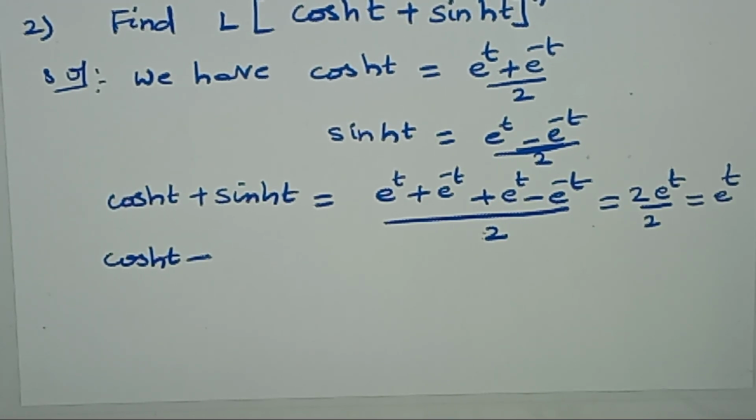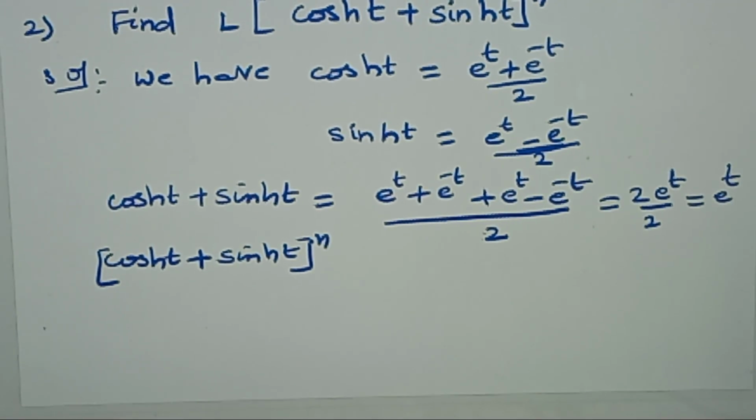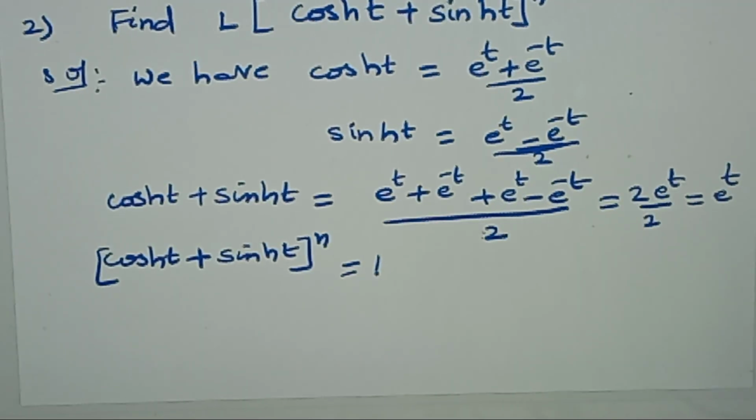First let us calculate cosh t plus sinh t to the power n. What is the value? It is nothing but the Laplace transform of... Laplace is not yet applied, so what should the direct answer be here? You will be writing it as e to the power t to the power n. You can write it as e raised to n into t.